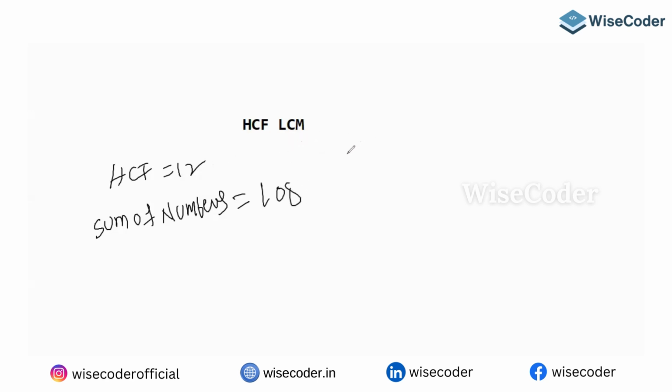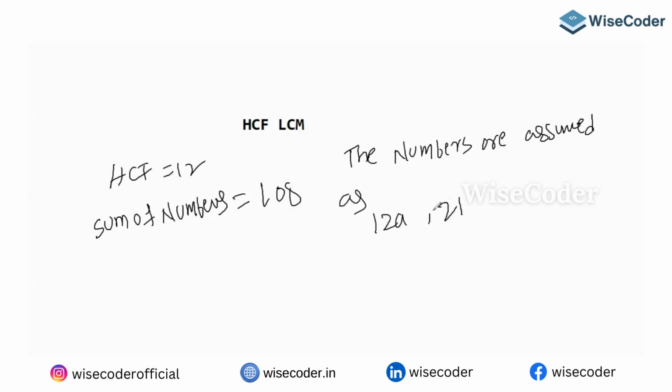The numbers are assumed as 12A and 12B. Obviously, there is a pair. If you put A and B values in, the HCF should be 12.